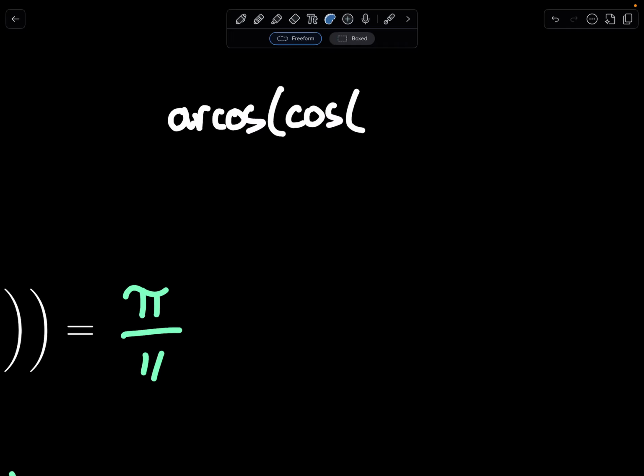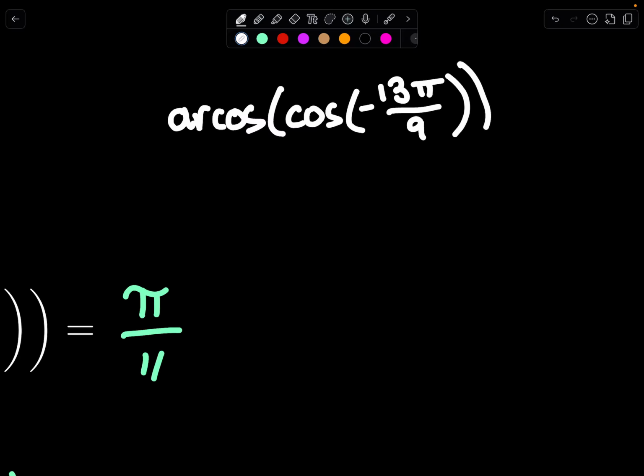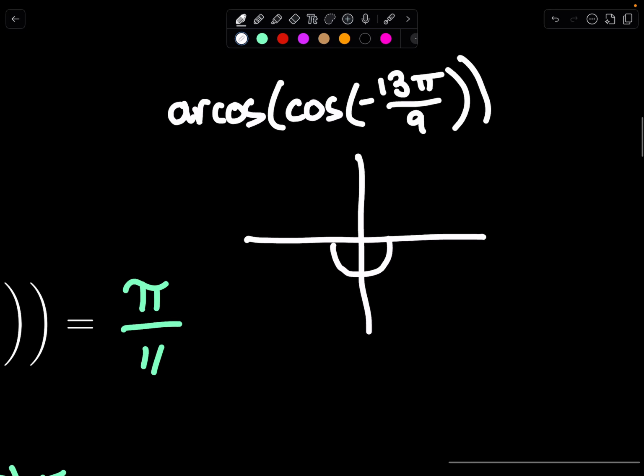How about negative 13 pi over 9? Yeah, try this one. Let's do that one. So let's draw this angle. Negative 13 pi over 9. Here's 9 pi over 9. And then we're going to go another 4 pi over 9, which is just a little bit below pi over 2, so you're right here.